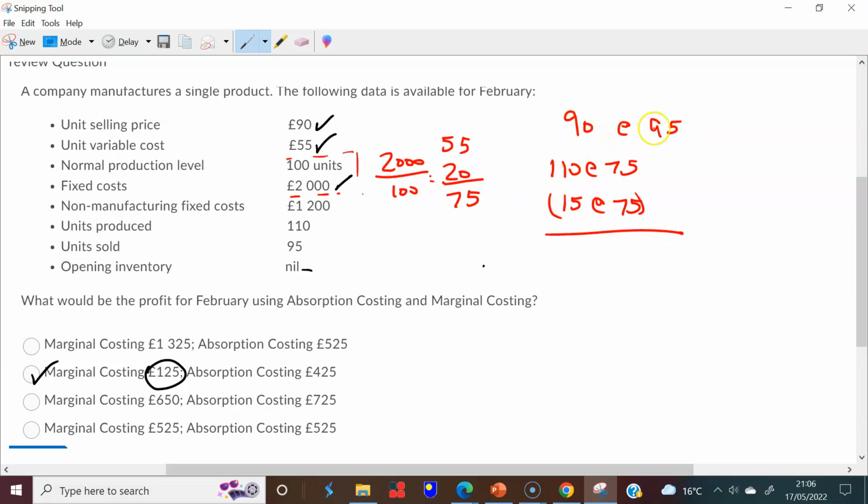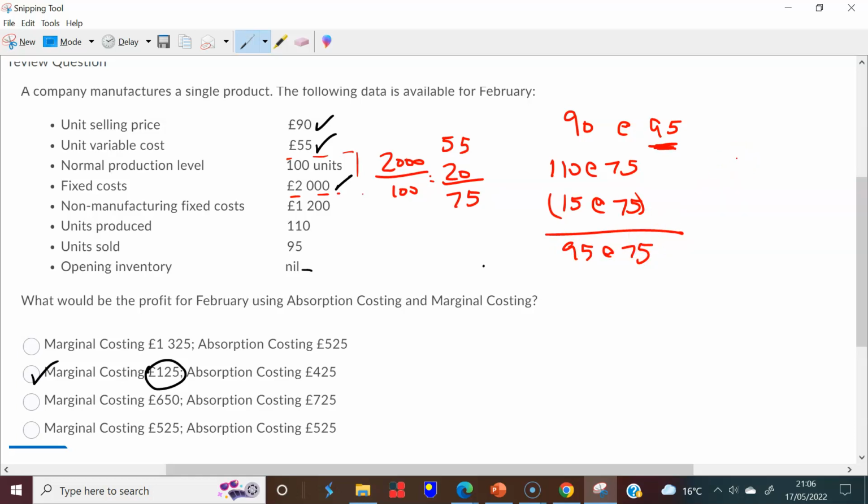You sold 95 units at £90. So your cost of sales would be 95 units at £75. So let's just quickly do that.